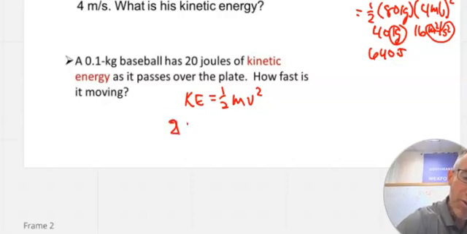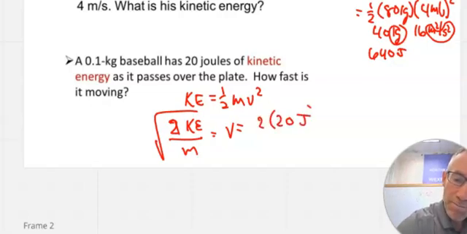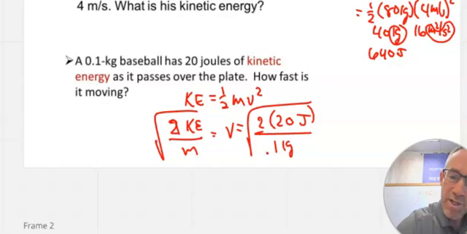So 2 times the kinetic energy divided by the mass, and the square root of that would be the velocity. And so 2 times the 20 joules divided by the 0.1 kilogram, and then the square root. 2 times 20, of course, is 40, and then divided by 1/10 is like multiplying by 10, so that's going to be 400.